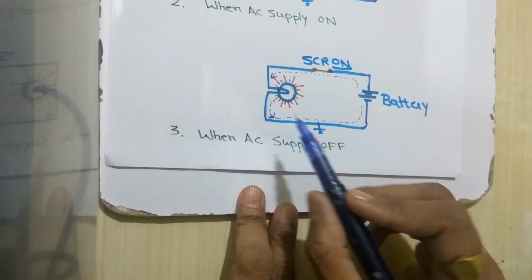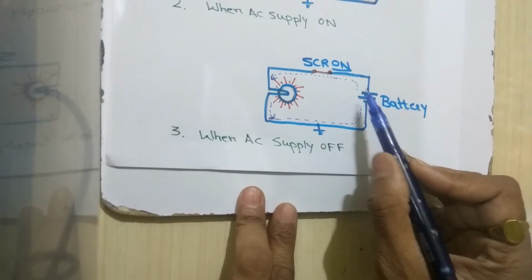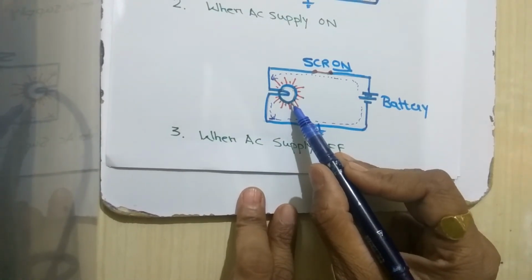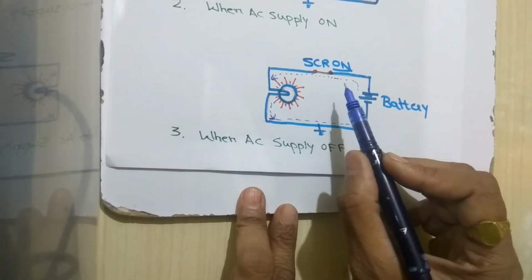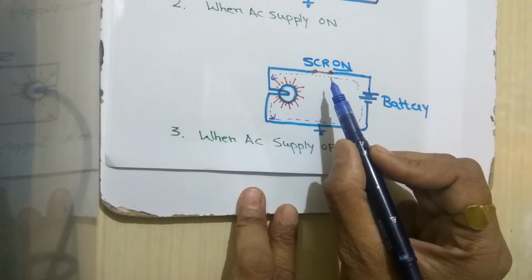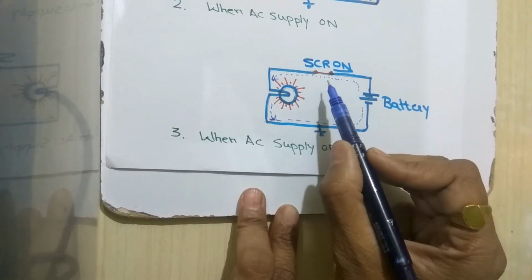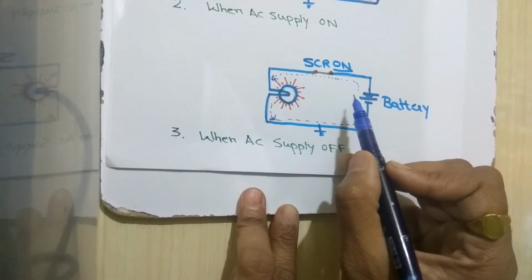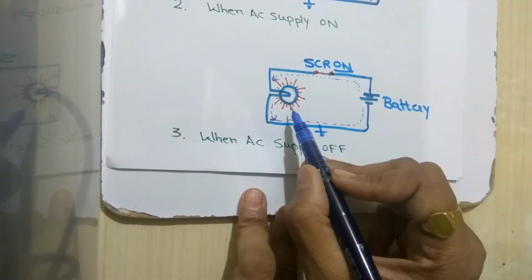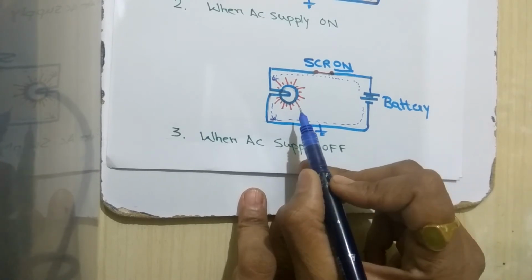Whenever there is a failure of the input AC voltage, the battery is connected to the lamp through the static switch, that is the SCR, and hence the SCR is on, which connects the battery and the lamp, and the lamp glows.